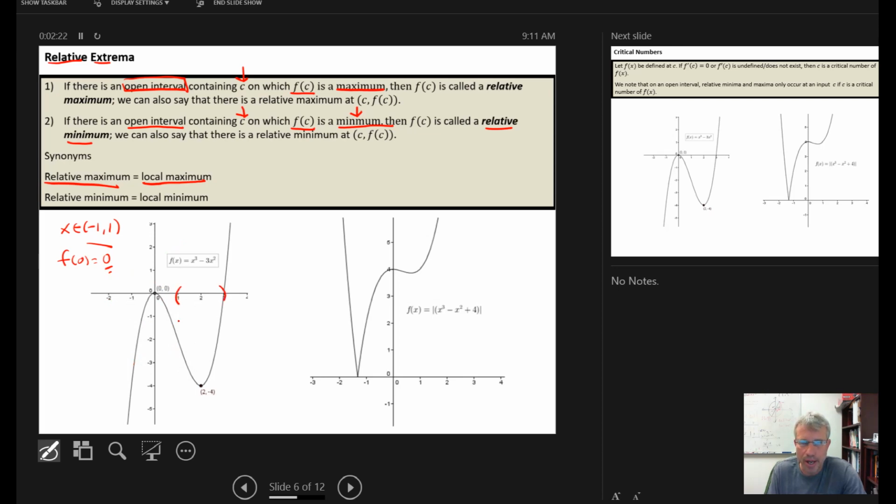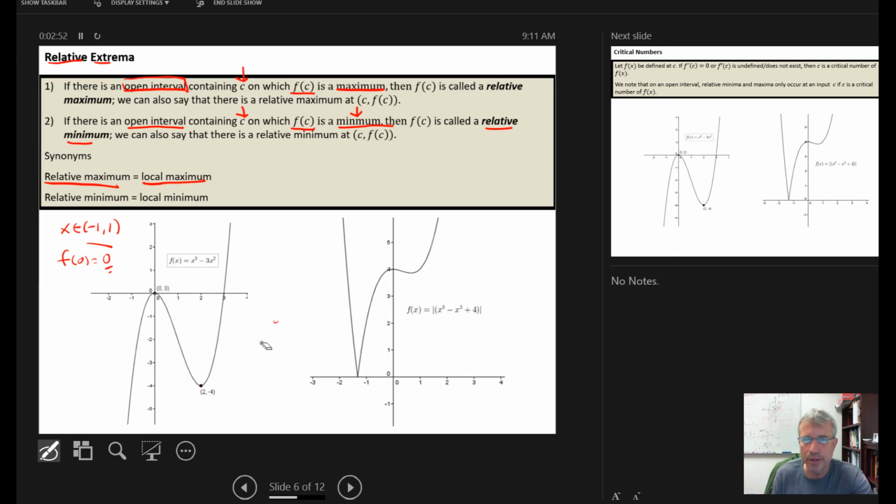So I run the graph from here to here, and on that open interval there's a lowest point on the graph. So here f of 2 equals -4. -4 is the smallest output on that open interval, so -4 is the relative minimum on that open interval.